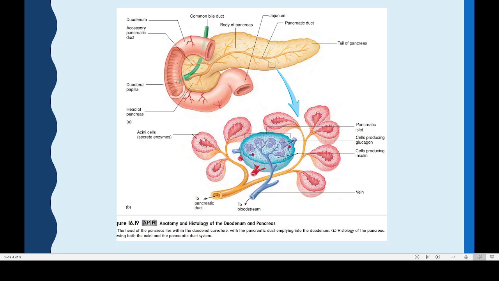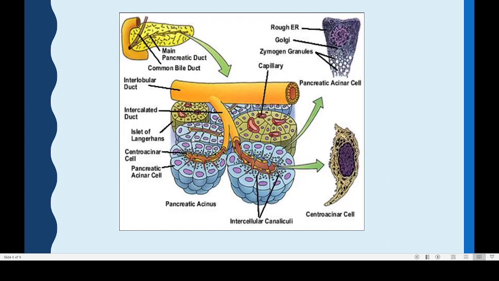Here you can see how the acini are present, and here is another picture, an enlarged view. These are all acini cells, and you can see the different types of cells present in the acini.